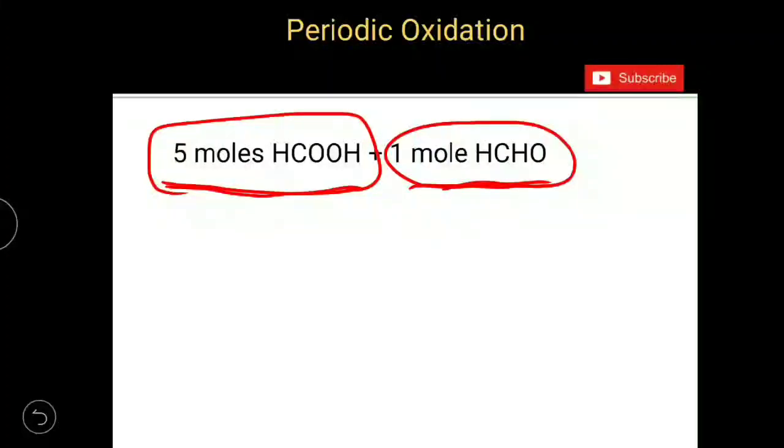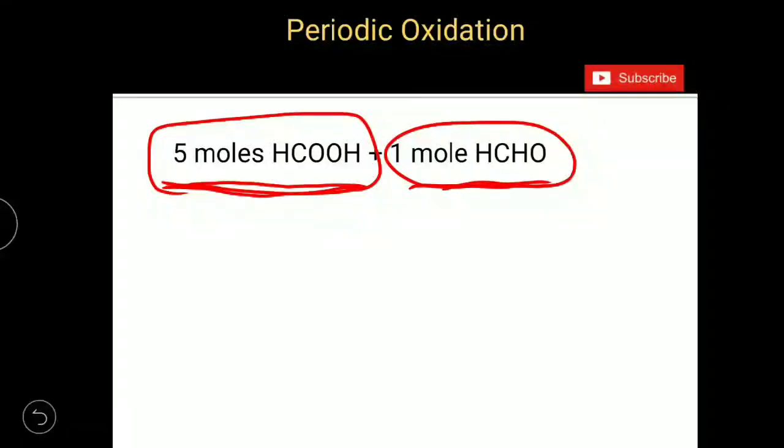Meaning out of these 5 moles of formic acid, 1 mole of formic acid will be obtained from the aldehyde group. So at one end you got the aldehyde group, and at the second end we got the terminal alcohol, and the remaining 4 formic acid molecules are there. These 4 formic acid molecules can be obtained from non-terminal alcohol groups, because we know that when non-terminal alcohol groups are oxidized by periodic acid, you will get formic acid molecules.